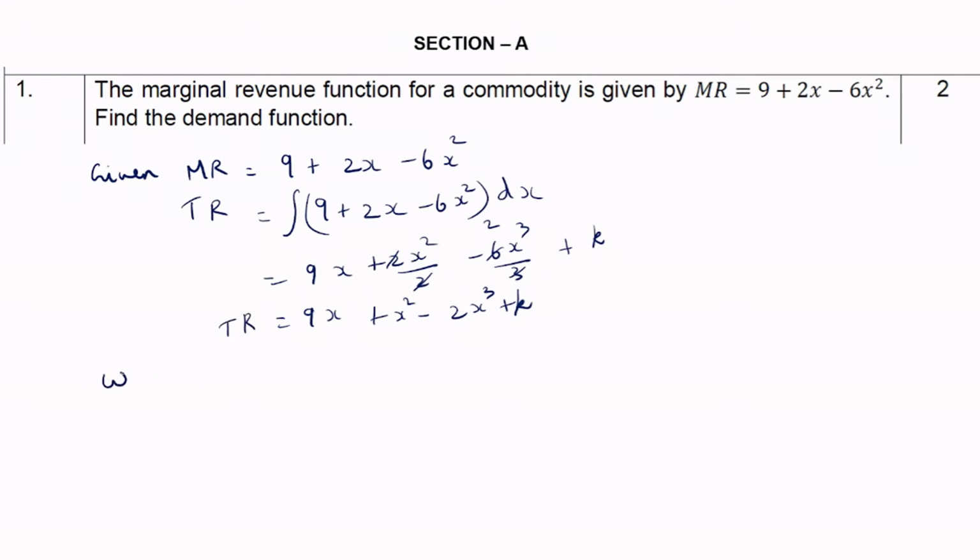Now we know when the level of output is 0, total revenue is 0. So this implies k is equal to 0. Therefore, total revenue equal to 9x plus x square minus 2x cube.